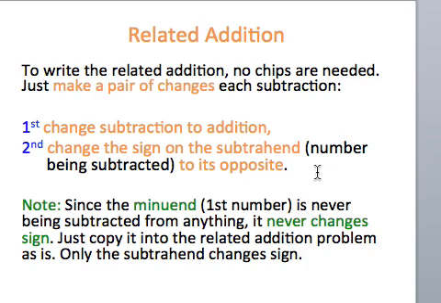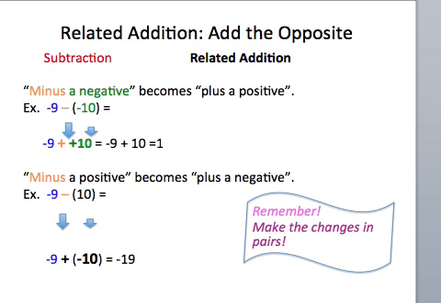And we'll do an example of that on the next slide. So the first number, when you're doing the related addition, never changes because it's not being subtracted. The minuend never changes. It just enters the related addition problem as the same exact number. It's the second number, the number that's being subtracted, that you have to take the opposite of.